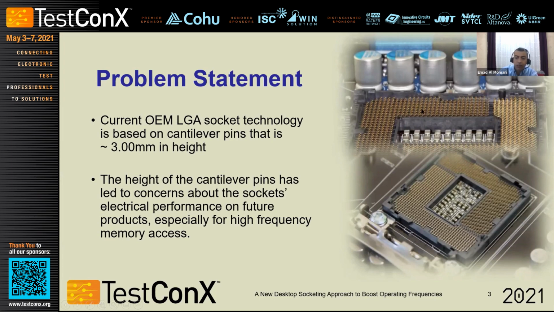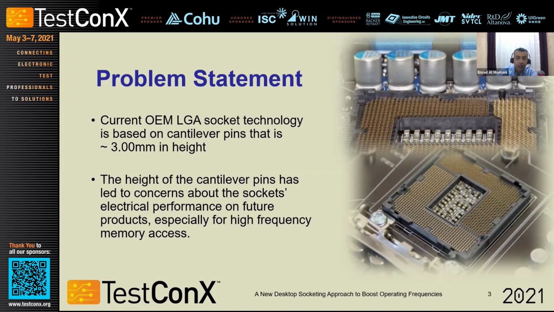With the ongoing demand for higher frequency and higher DDR data rates, we have some concerns mainly about this long pin. The overall degradation budget available for the end-to-end signal channel is getting smaller and smaller, and this long pin is consuming a good portion of it.